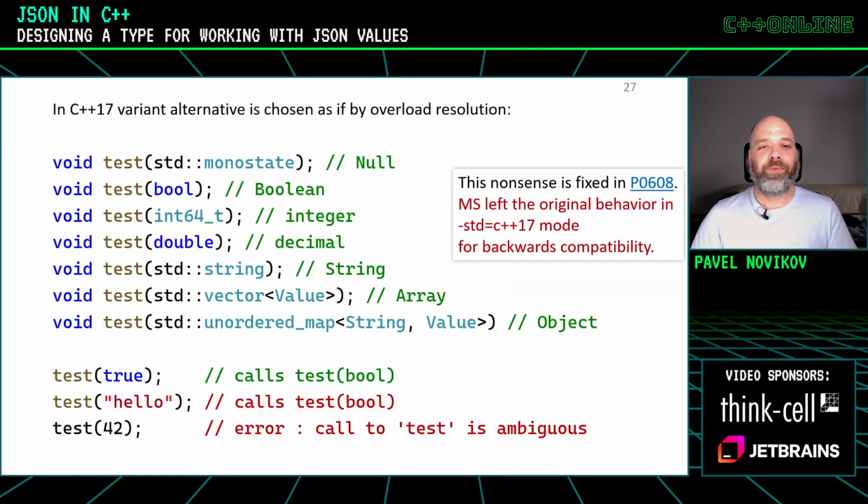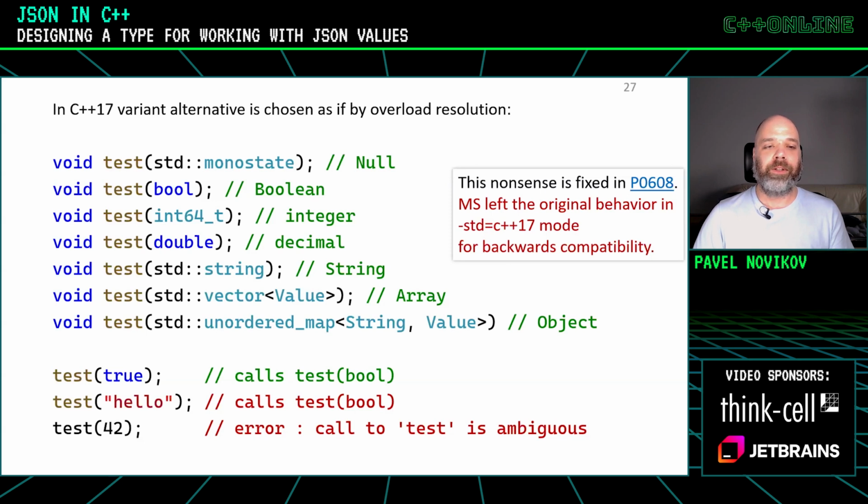Let's figure it out. The thing is that in C++17, initially, the alternative is chosen as if by overload resolution of the functions that you can see in the middle of the slide. So basically, the alternative that the variant chooses to construct is determined by the resolved overload of this overload set. So for example, for true, like at the bottom of the slide, you have a call to test bool.